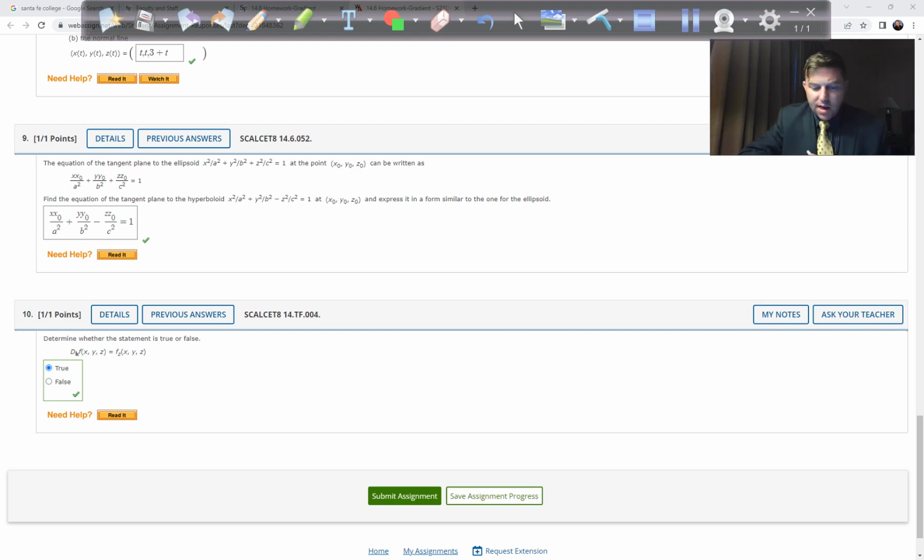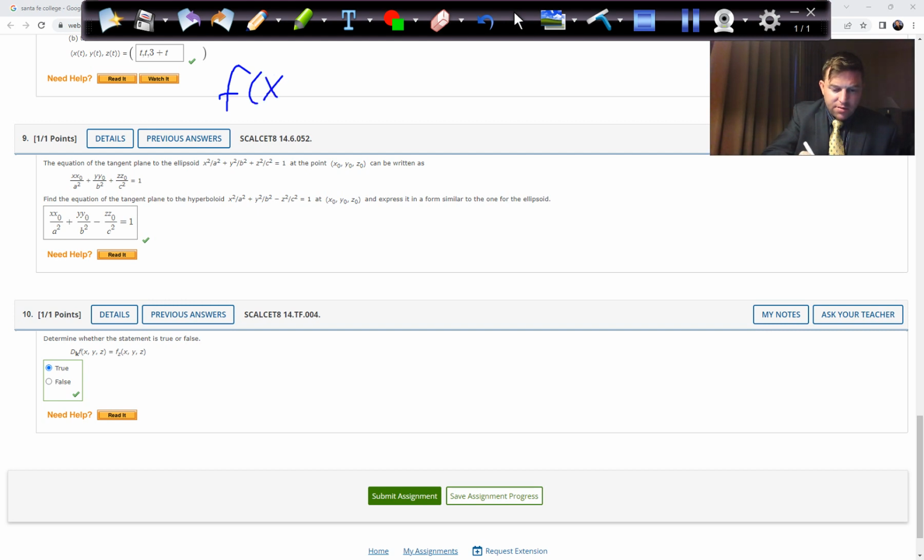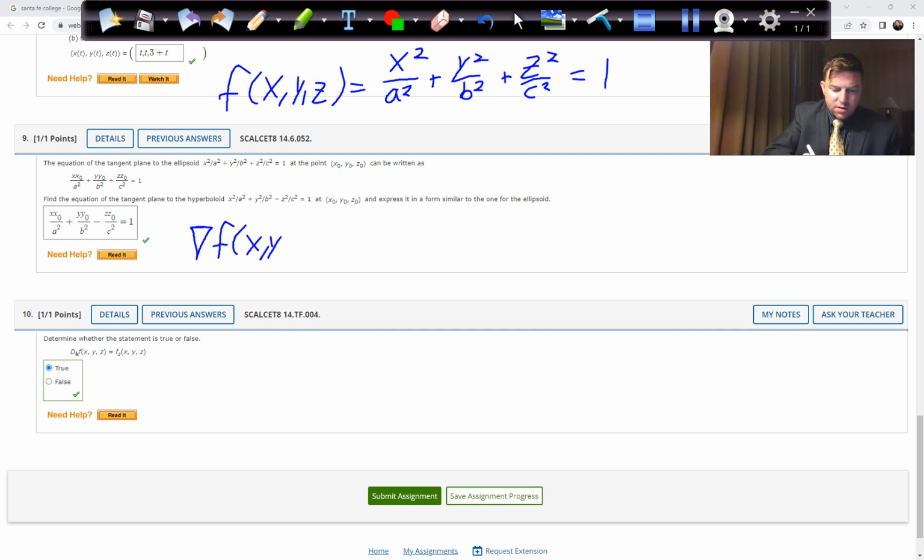Okay, so we just have to take the gradient. So what we have is, let me write it bigger. F of x, y, z is equal to x squared over a squared plus y squared over b squared plus z squared over c squared equal 1. Well, the gradient of this is equal to, when I take the partial derivative of f with respect to x, y squared, z squared, 1, they all go away.